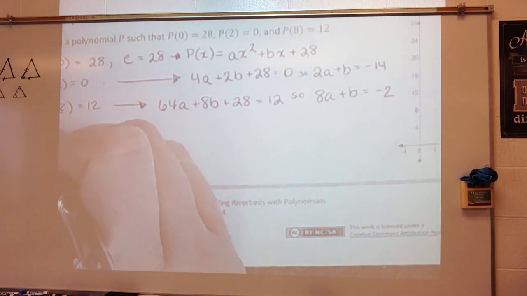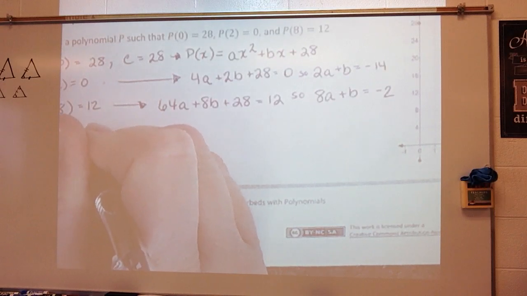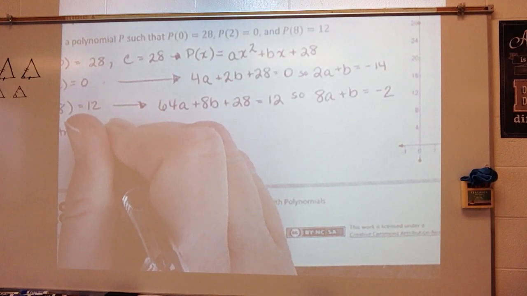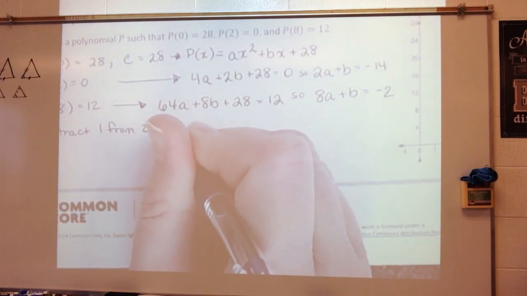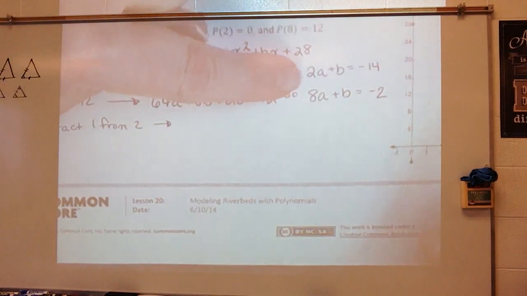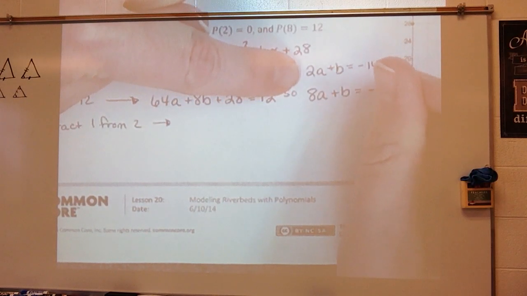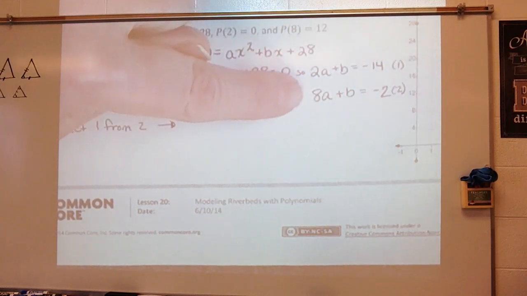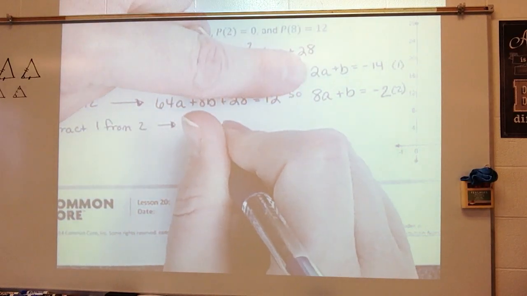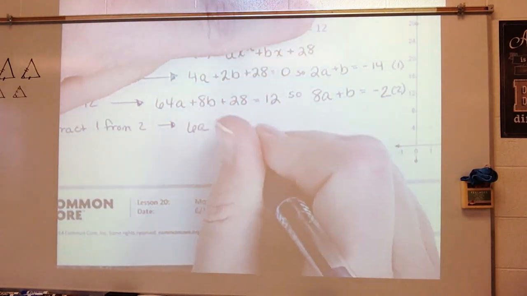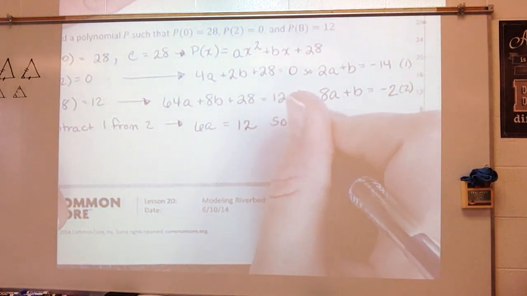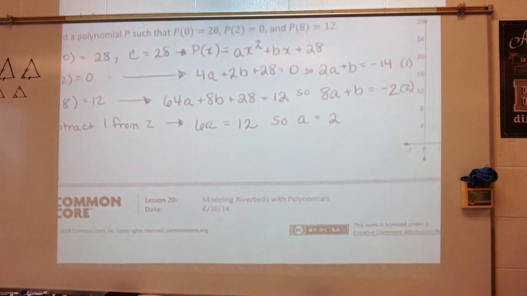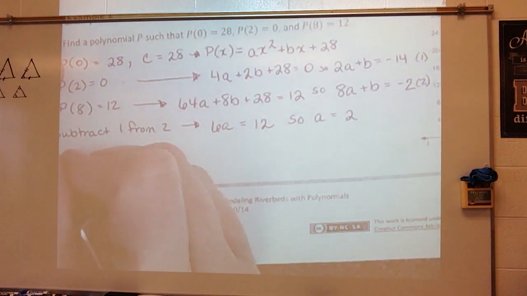I'm going to subtract 1 from 2. This is 1 and this is 2. I'm going to subtract that and that gives me 6a is equal to 12, which means a is equal to 2. And I can substitute to find b.